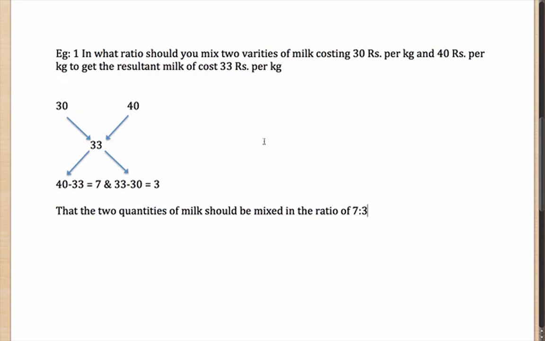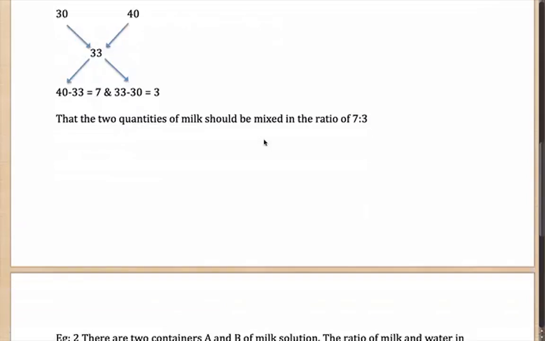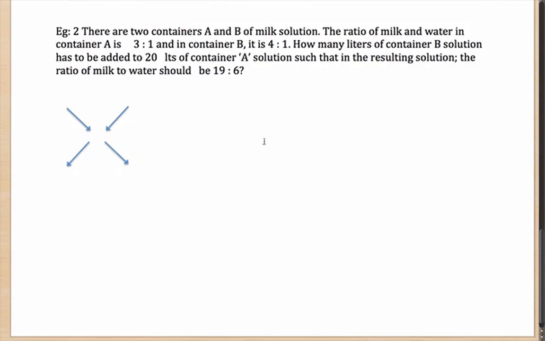Let us look at a slightly more complex problem on the same idea. Let's say there are two containers A and B of milk solution. The ratio of milk and water in container A is 3:1 and in container B it is 4:1. How many liters of container B solution has to be added to 20 liters of container A solution such that in the resulting solution the ratio of milk to water is 19:6?